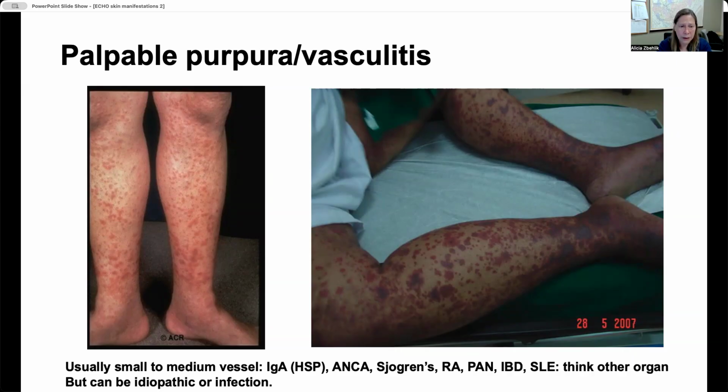The person on the left has another version of palpable purpura that can be associated with IgA deposition, which is a little bit different from other diseases that we have. So sometimes it's good to tell that. That used to be called Henoch-Schönlein purpura, or HSP. It's also a common version to see in children.